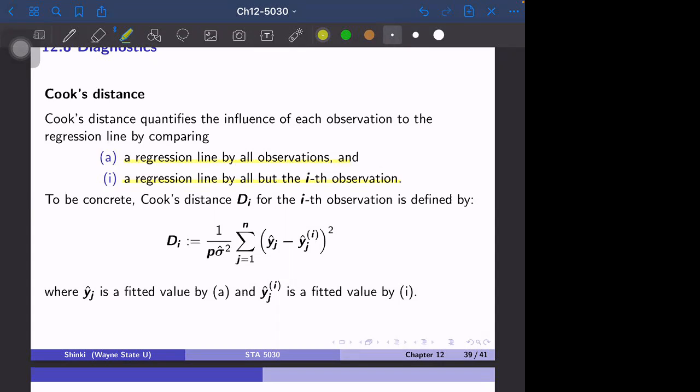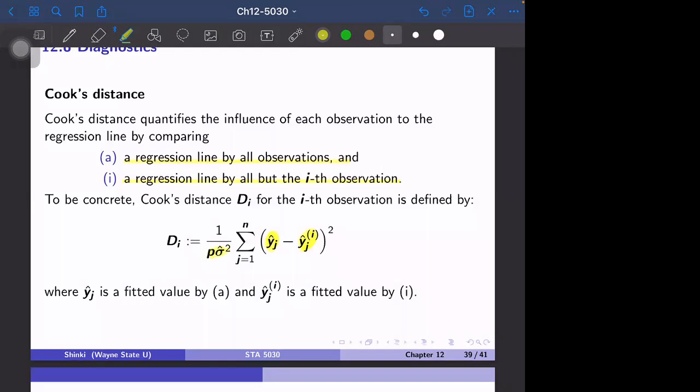So D_i is basically the sum of squared residuals between y_j hat and y_j hat superscript i. Y_j hat superscript i is the estimate for the j-th observation, but that estimate is made without the i-th observation. Y_j hat without any superscript is the usual estimate, so it uses all observations to estimate y_j hat.